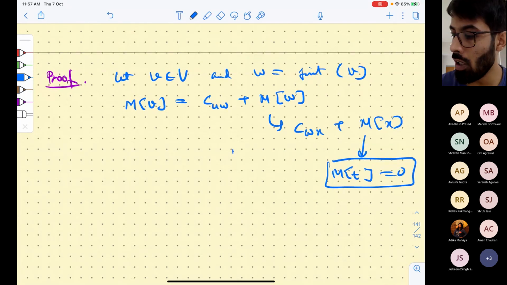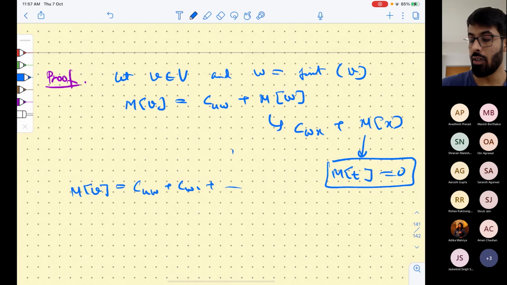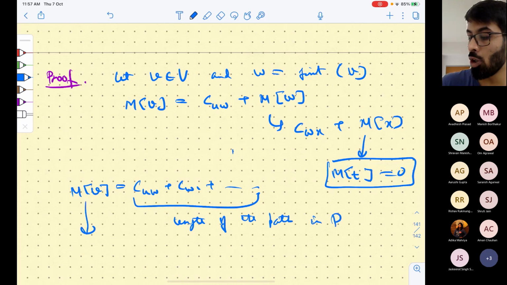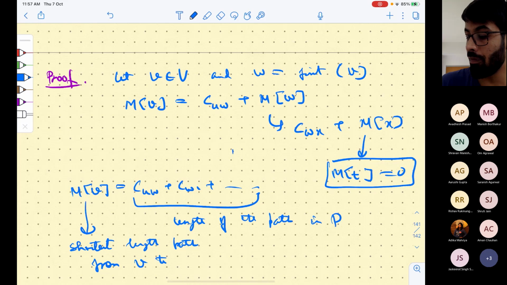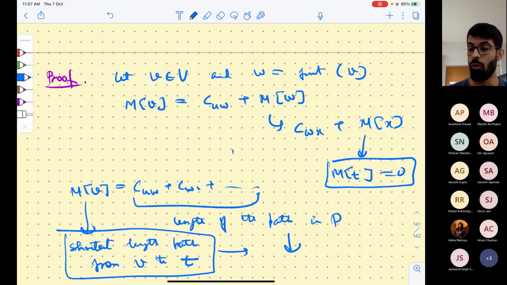So what is this whole length? M of V is equal to C of VW plus C of WX plus whatever, right? Like this. And this is the length of the path in P. And this is the shortest length path from V to T. So the shortest length path from V to T is the length of the path in P from V to T. And that is what we wanted to show.